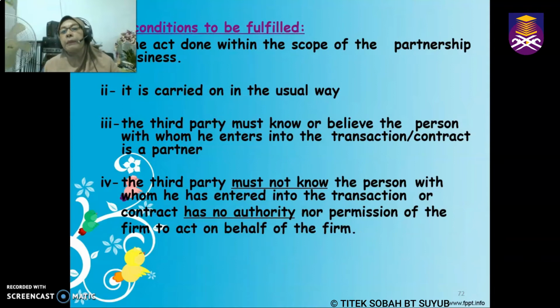Thirdly, whether the third party who entered into the transaction knows or believes that this person is a partner of the firm. And number four, the third party must not know that the person who entered into that transaction has no authority or permission of the firm to act on behalf of the firm.